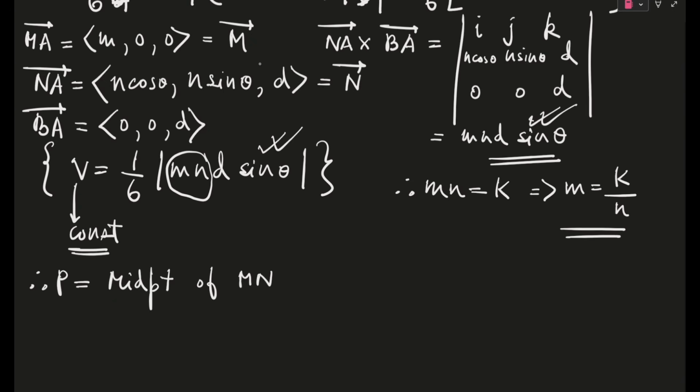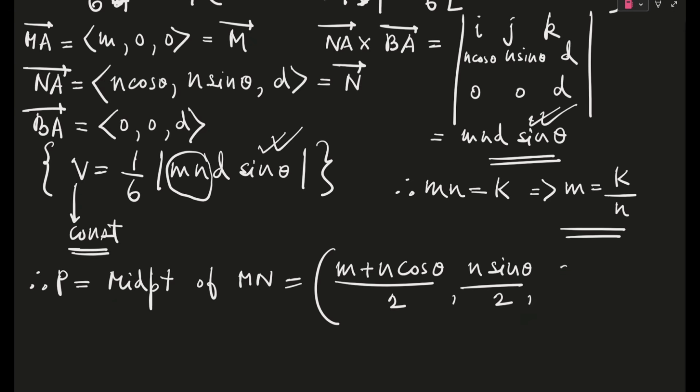So if we find the midpoint of Mn, this would come out to be, I will write this in point form only: M plus N cos theta whole divided by 2, N sin theta whole divided by 2, and small d whole divided by 2.